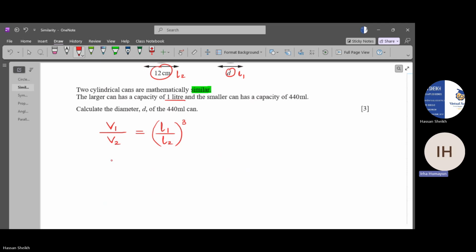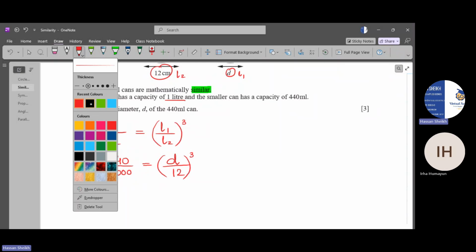By taking the cube root. Remember that we remove a cube with the cube root and a square with the square root, and vice versa. If you want to remove a square root, you take the square. L1 is substituted with D and L2 with 12. Any doubt till here? No, sir.